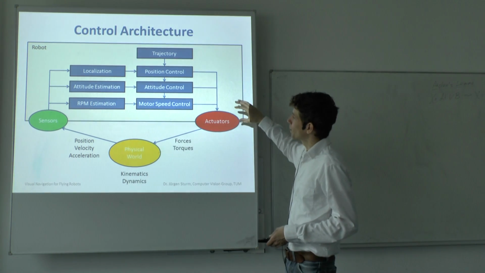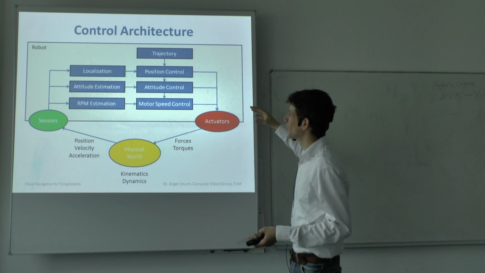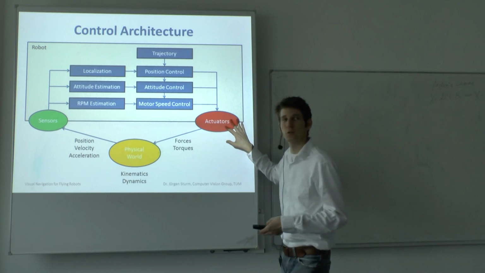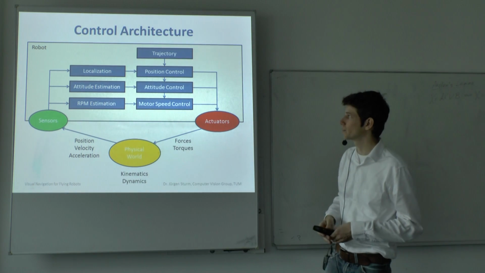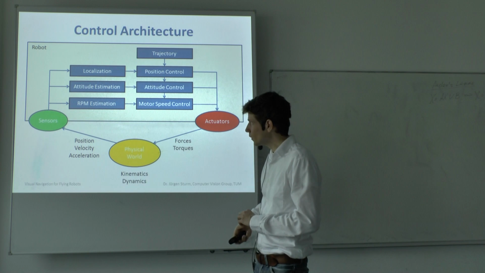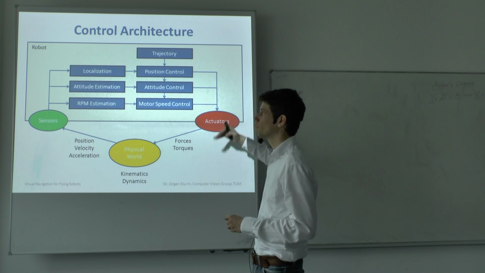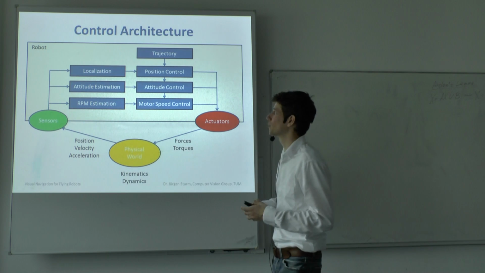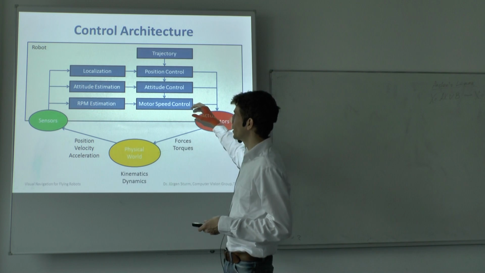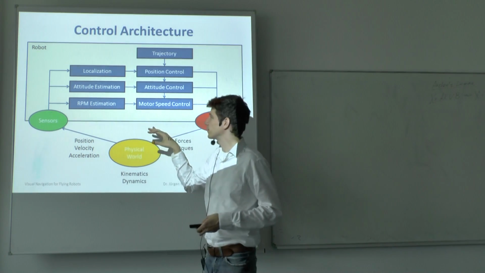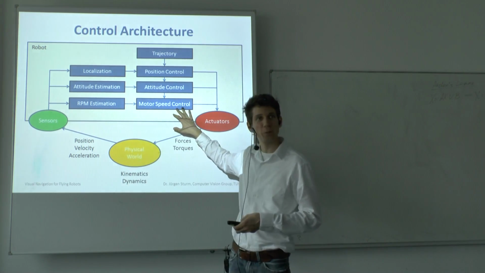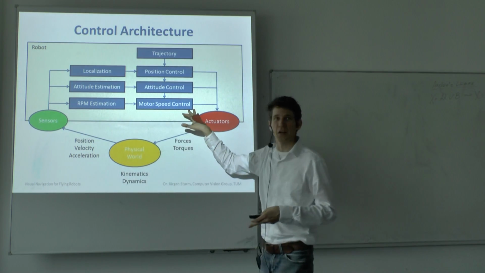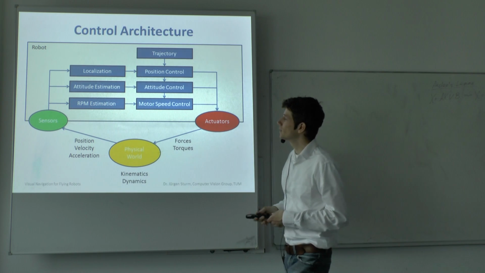The interesting part for us is this upper part here, where we have to interpret the sensor values and generate suitable motion commands for the actuators. Usually you have a layered approach, and we will discuss these things in more detail today, but also in the coming weeks. For example, you might have one control loop that is responsible for the motor speed control, so it has to measure the speed of the individual motors and adjust the voltages accordingly.